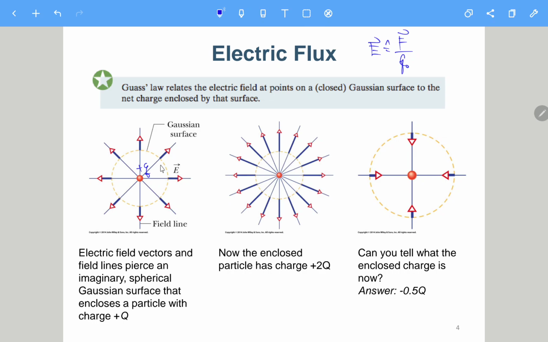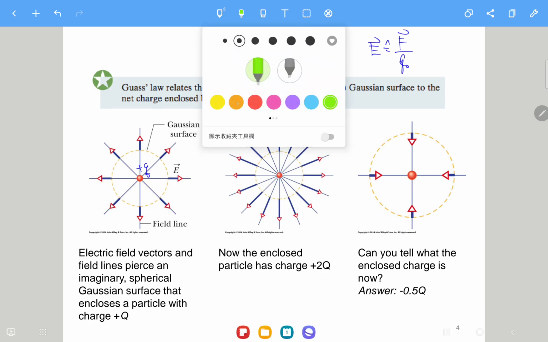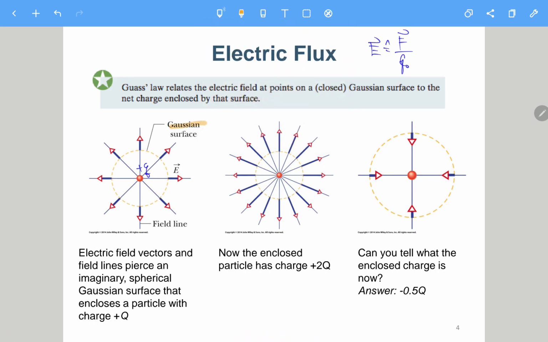And here we define one thing called the Gaussian surface, or you can just regard it as a closed surface. Closed surface means 封闭. For example, this is a bottle.